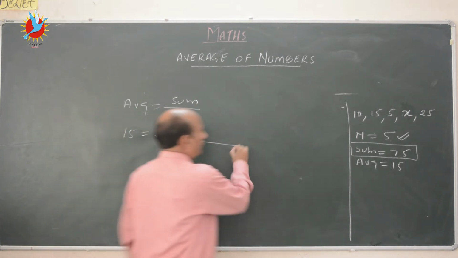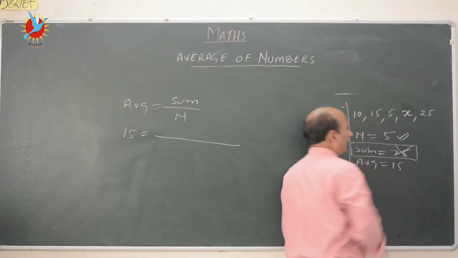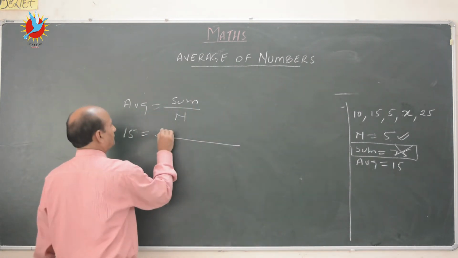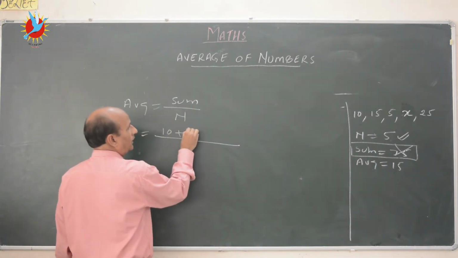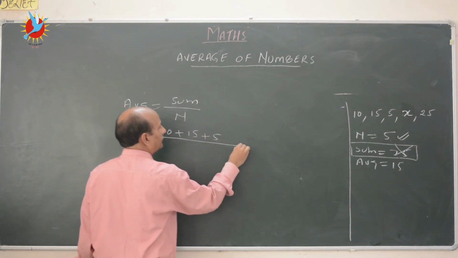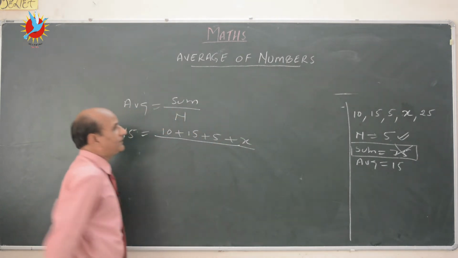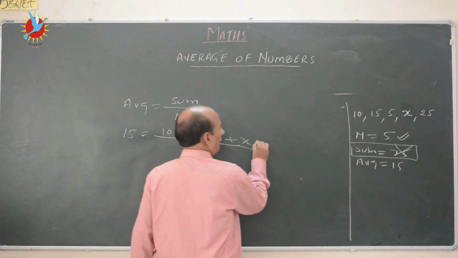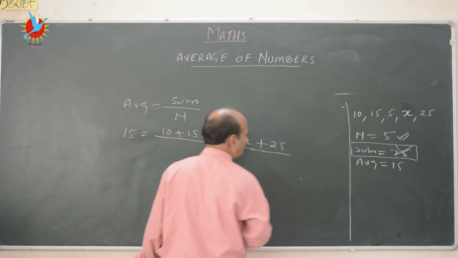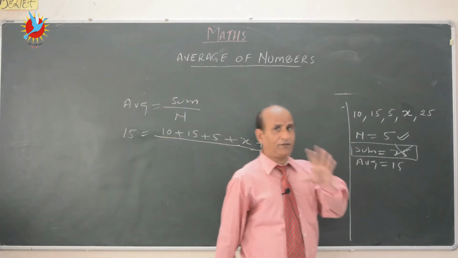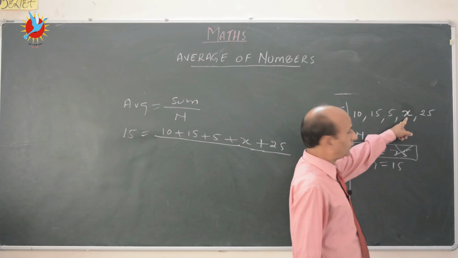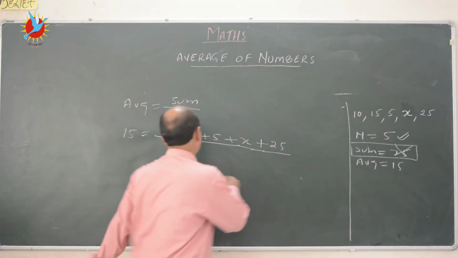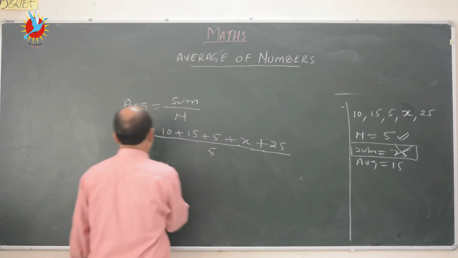And now don't use this 75 but simply add all these numbers. Sum of the numbers, it is 10 plus 15 plus 5 plus the missing number which you have to find, plus 25, and still it is 5 numbers. You can count this unknown number also, 1 2 3 4 5. Then the value of n is again 5.